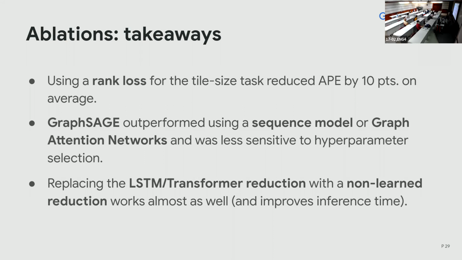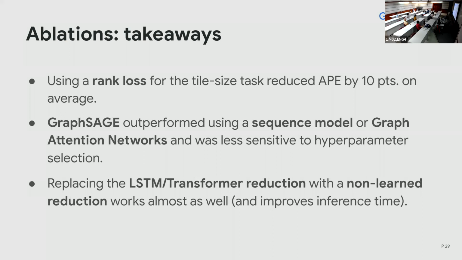And we tried a bunch of different reduction models. For the GNN itself, we tried GraphSage and graph attention networks, or GAT, which is actually more expressive than GraphSage. However, in our experience, it's much easier to train GraphSage, and the GraphSage model ended up having better accuracy.